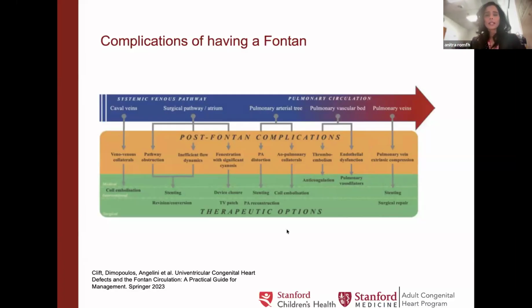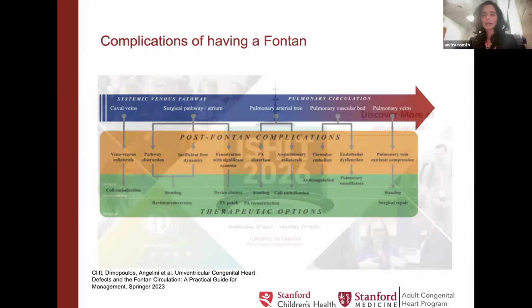So all of these stem from the central problem that we lacked a subpulmonary pump. So this palliation was sort of the best to get us to this point. But now we have to recognize it's a systemic disease that we're dealing with.